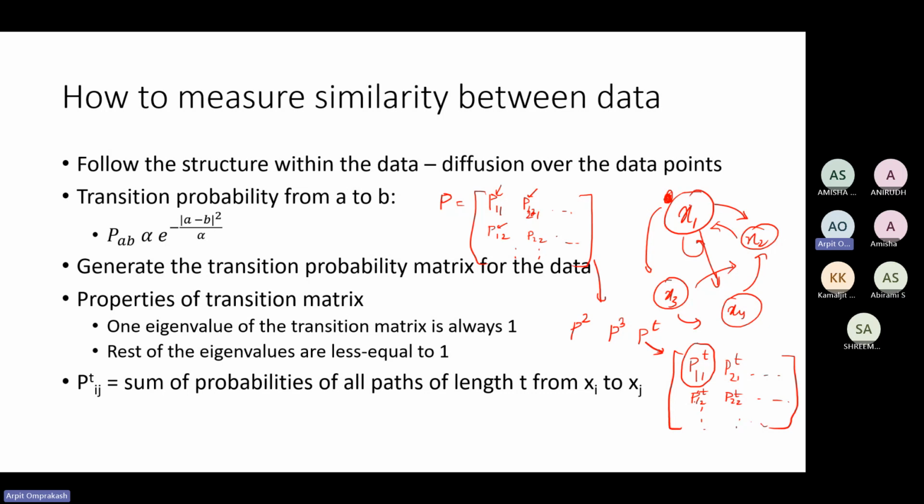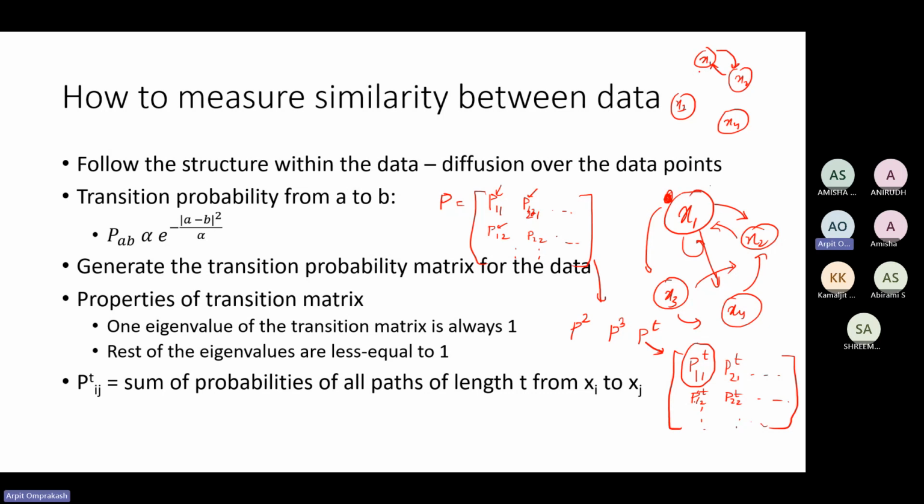So let's say we are moving from x1 here, and let's say t is 2. So let's say we plot it again: x1, x2, x4, and x3, right? So we transition from x1 to x2, then in the second step, we go back to x1. So this is basically in two steps, we are going from x1 to x1.